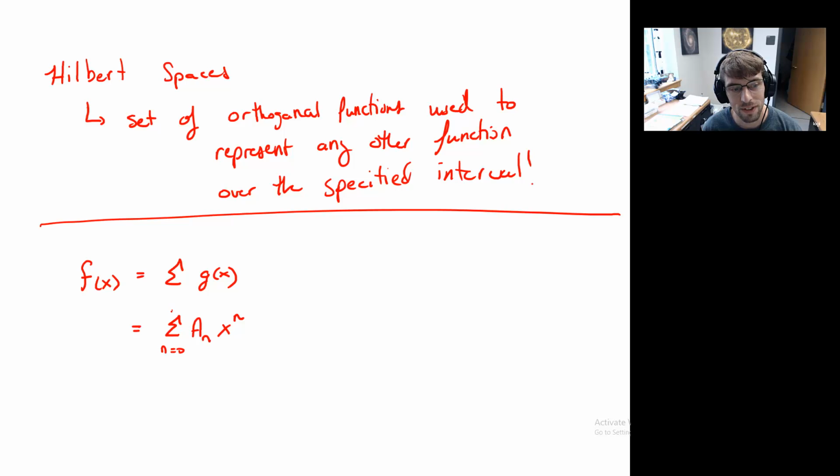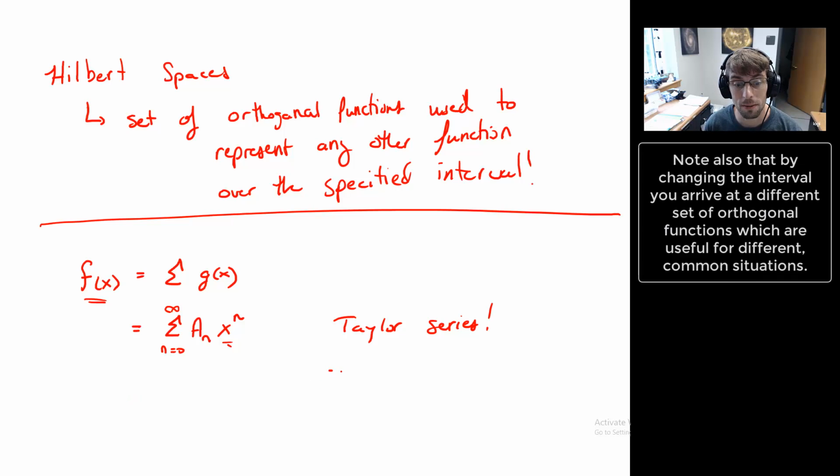Don't forget, the polynomials are a function. That's our Taylor series. And you say, well, Greg, what was the domain? What was the specified interval? Here, the specified interval would be something like negative infinity to positive infinity. Pretty cool.